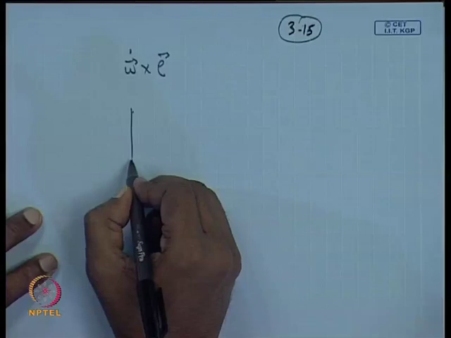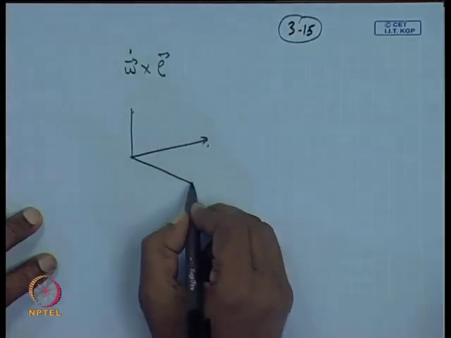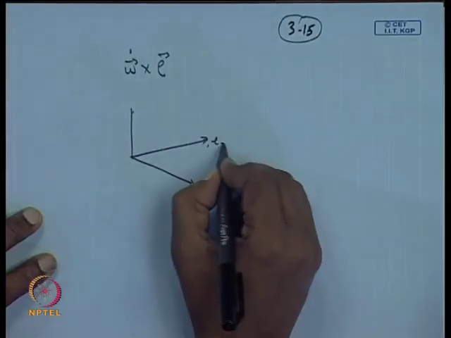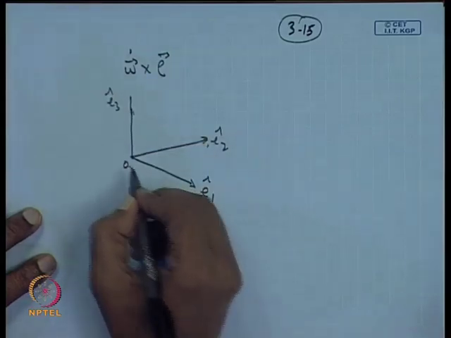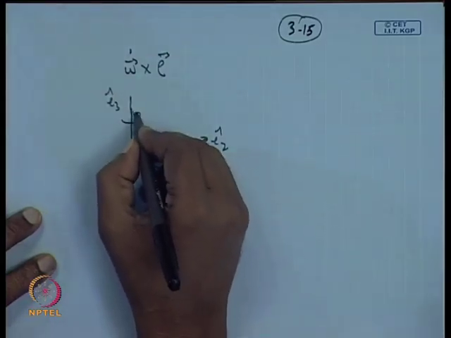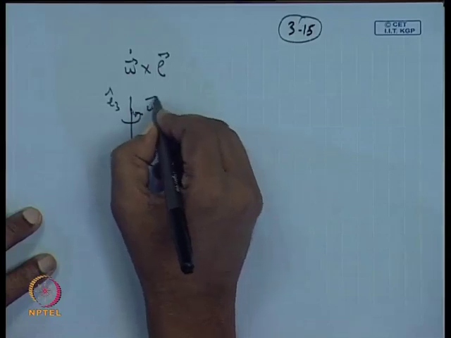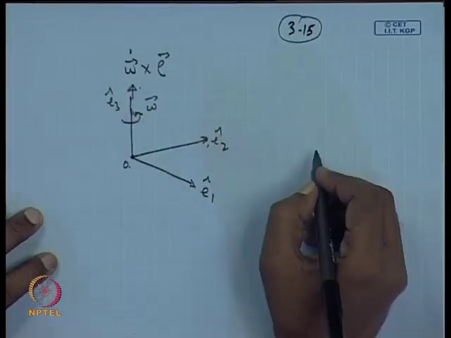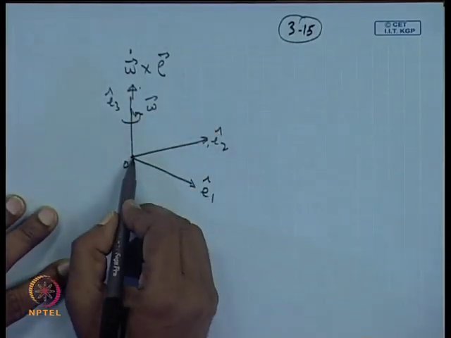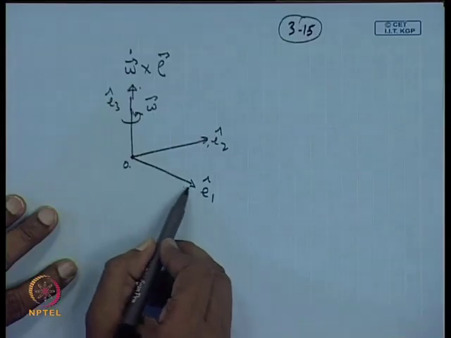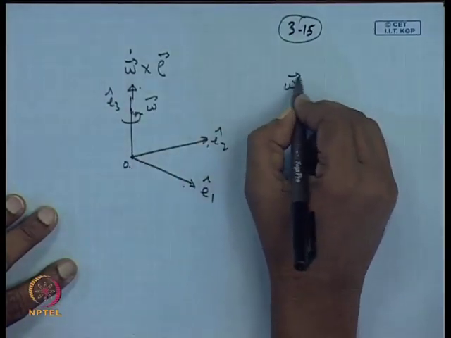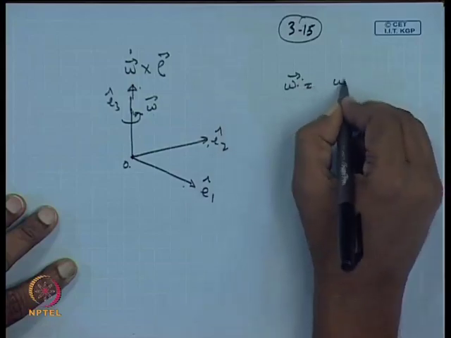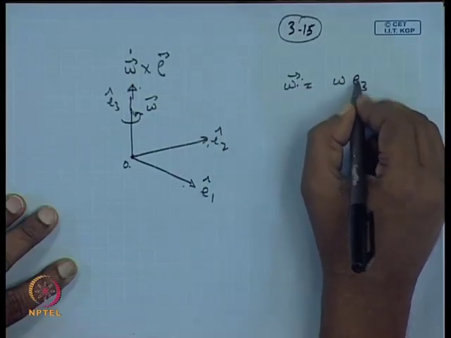So, we can take the body reference frame E 1 cap, E 2 cap, E 3 cap. Okay. Now, omega is a vector which is directed along this direction, because here we will take a simple case that omega is directed along this. So, we can write omega equal to omega times E 3 cap.